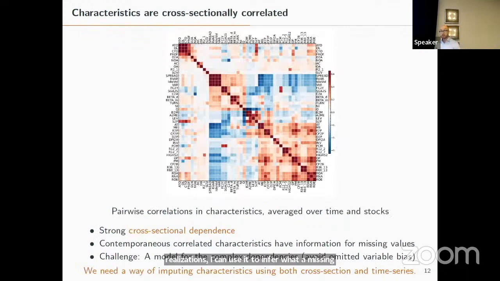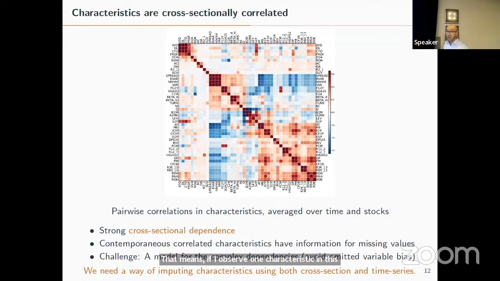There's also a lot of information in the contemporaneous cross-section. What I'm showing you here are pairwise correlation characteristics averaged over time and stocks. So there are 3 takeaways from this slide. Number one, you can see there are a lot of these clusters. That means if I observe one characteristic in this cluster, I can infer very well what the other characteristics could look like.